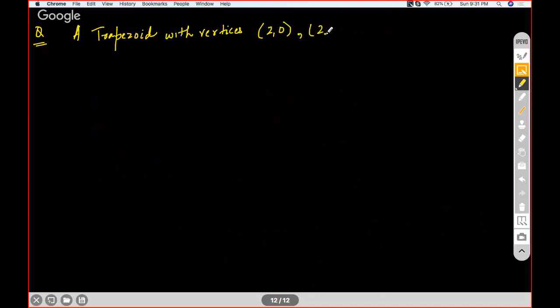Okay, so next question is, a trapezoid with vertices (2, 0), (2, 2), (4, 0), (4, 4). And this is rotated about the x-axis.